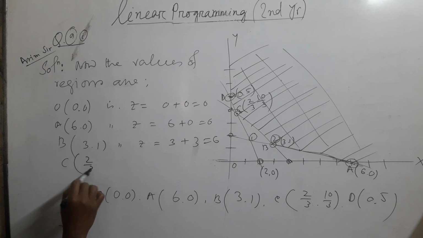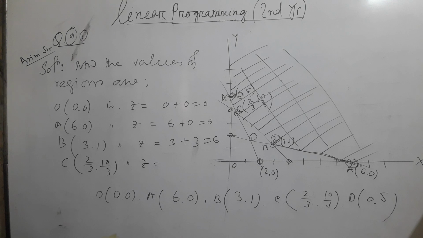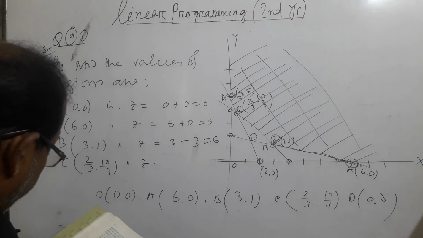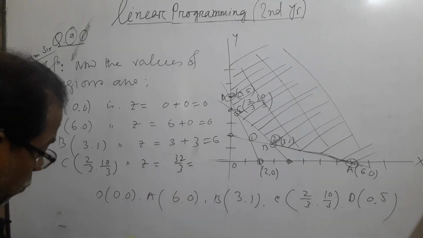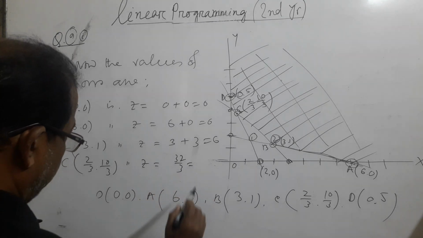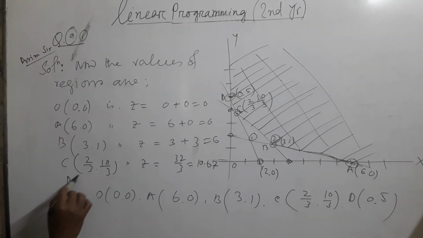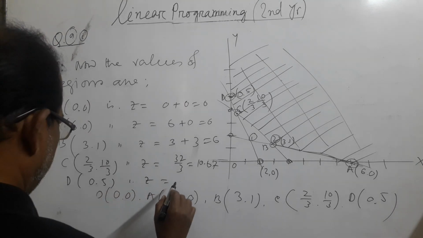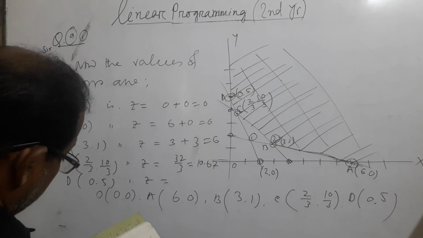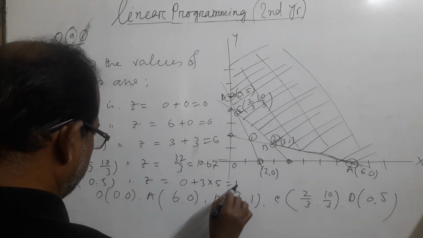And C is 2 divided by 3 and 10 divided by 3, z equal to 32 divided by 3 equal to 10.67. And D is 0, 5, z equal to 0 plus 3 into 5, that's why it is 15.